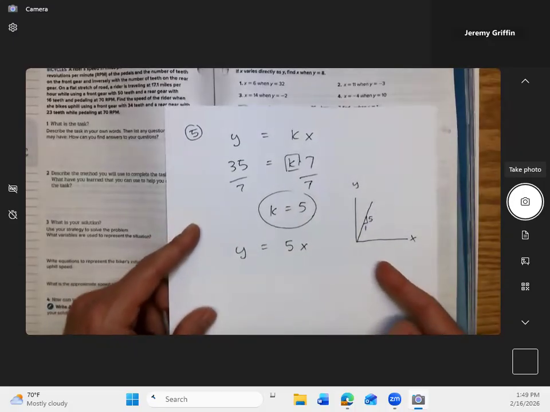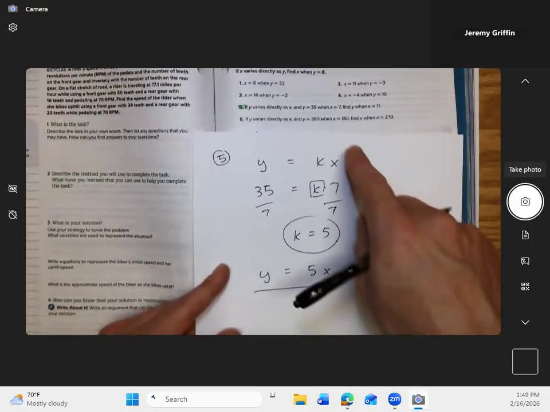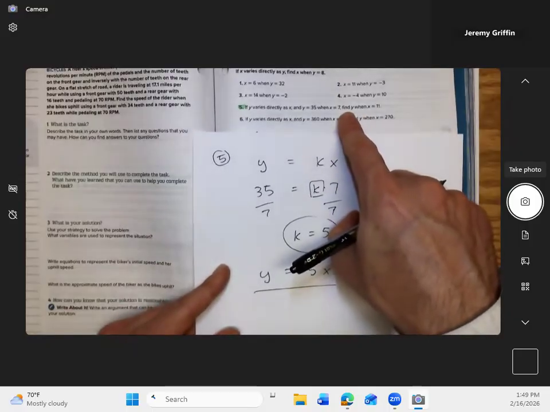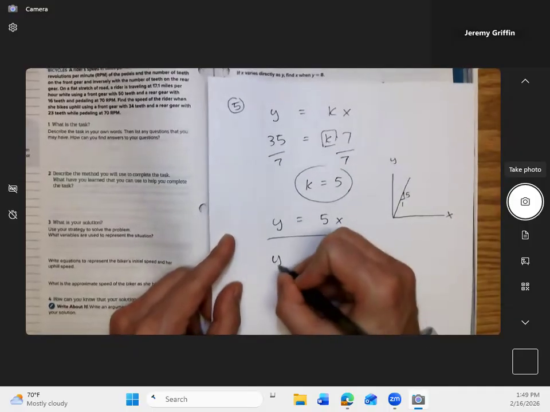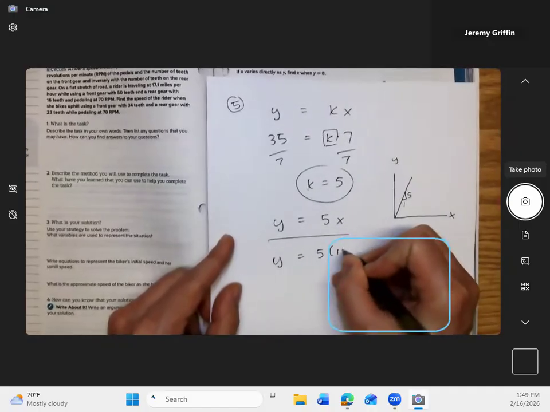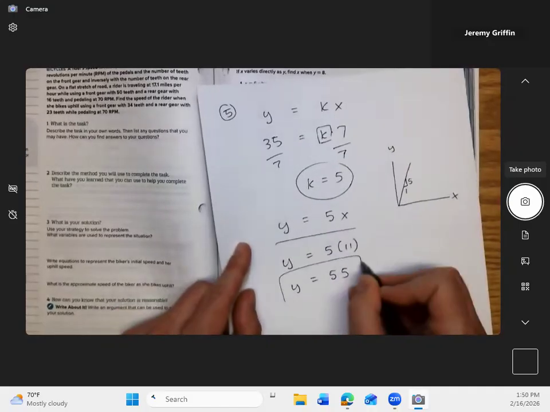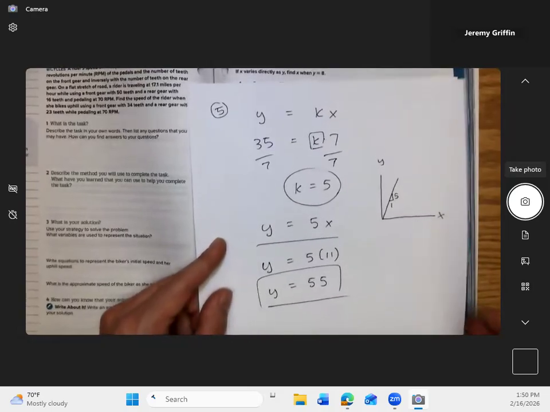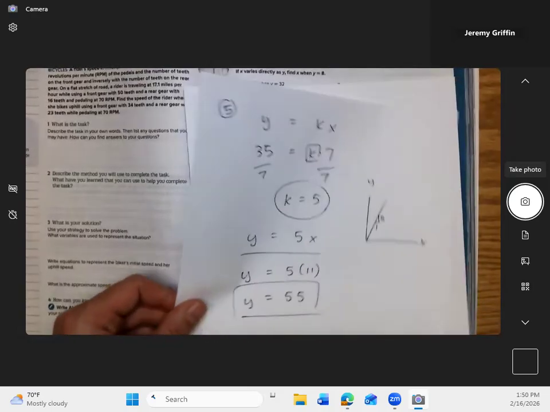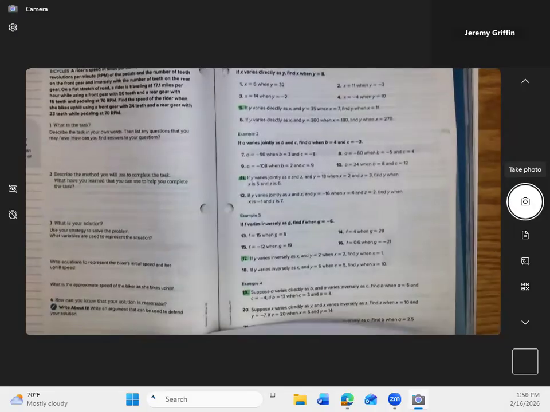Quick graph right there. Now we're supposed to find y when x is 11. 55. Next one.